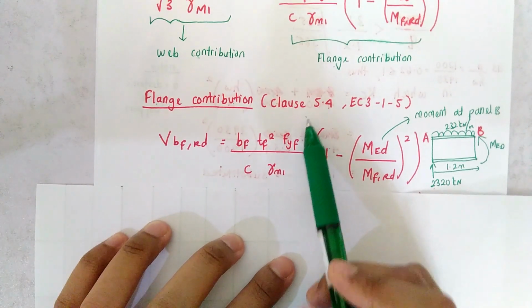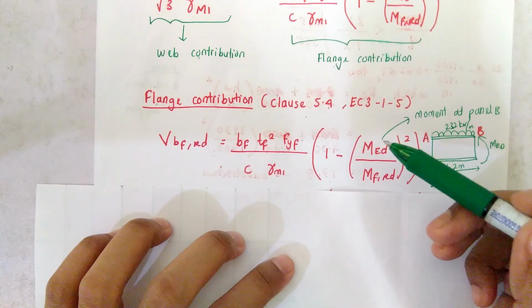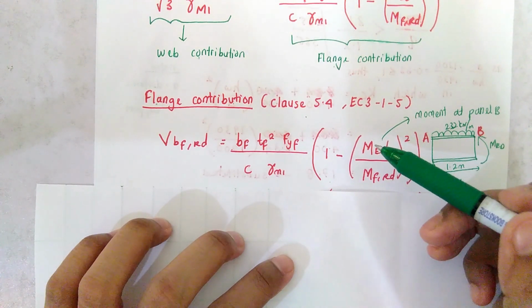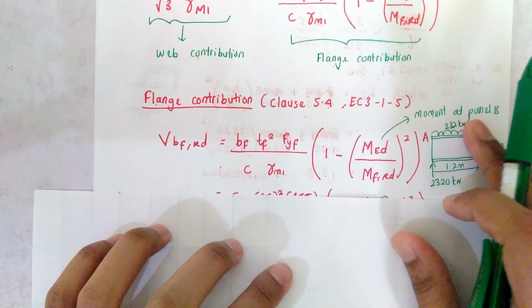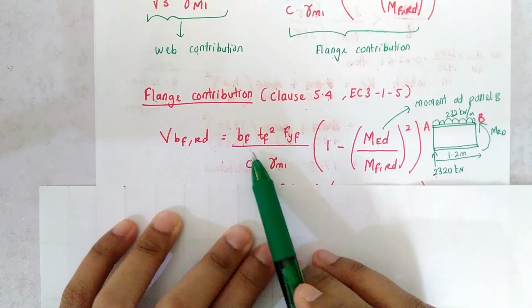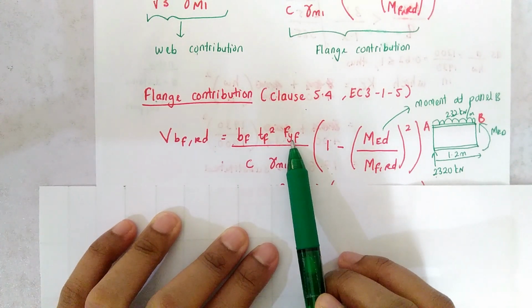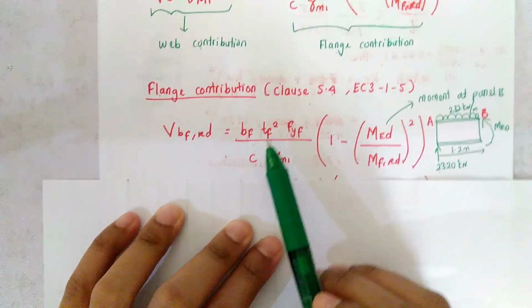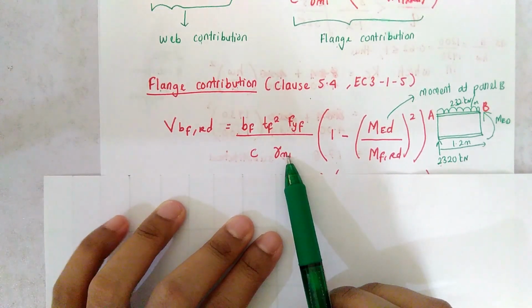When the flange resistance is not completely utilized in resisting the bending moment, the contribution from the flange should be obtained as what you can see here. In these equations, BF, TF, FYF you already know, and gamma M1 is the partial factor.